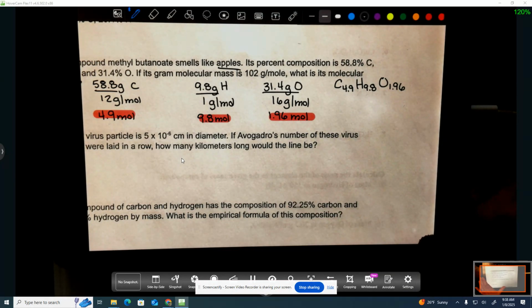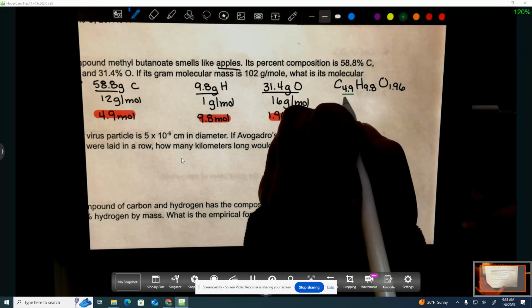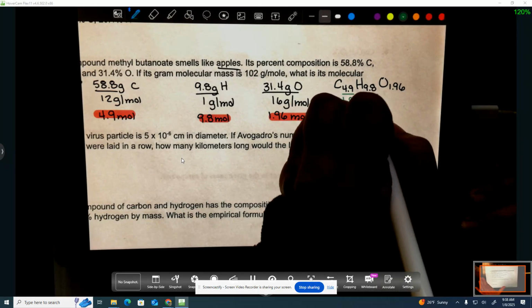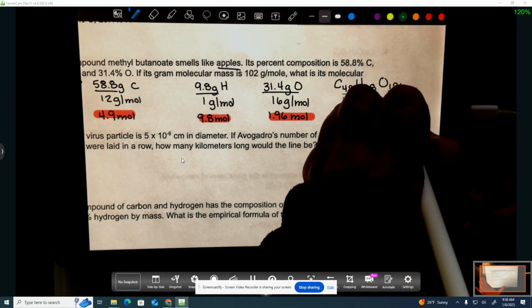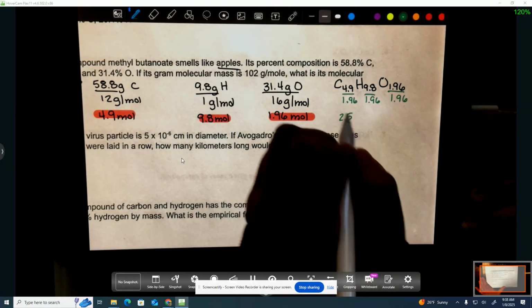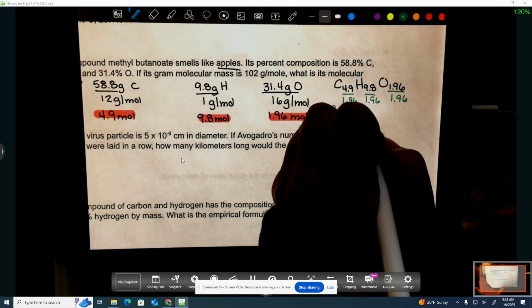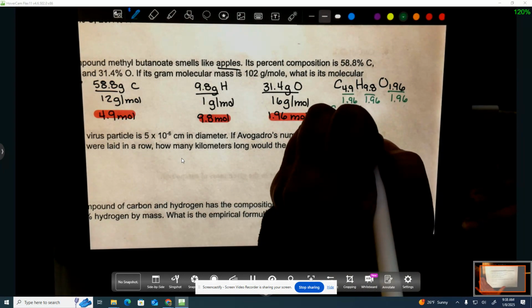No, we need to make it lowest whole numbers. So we're going to divide everything by the smallest number, which is 1.96. And 4.9 divided by 1.96 is going to be 2.5. Hydrogen is going to be 5, thank you.